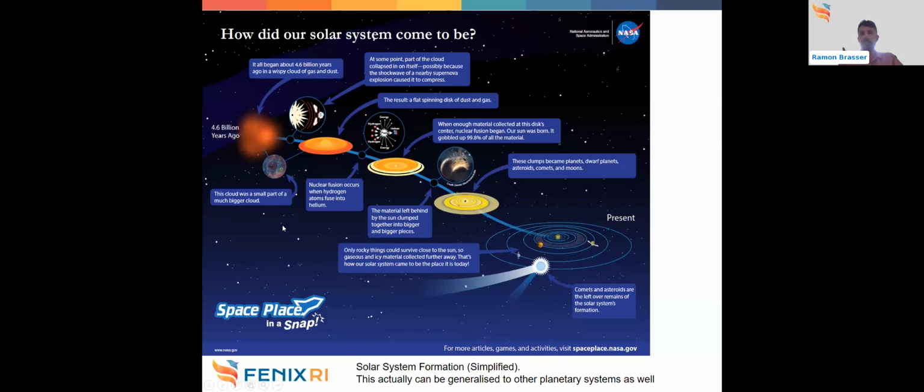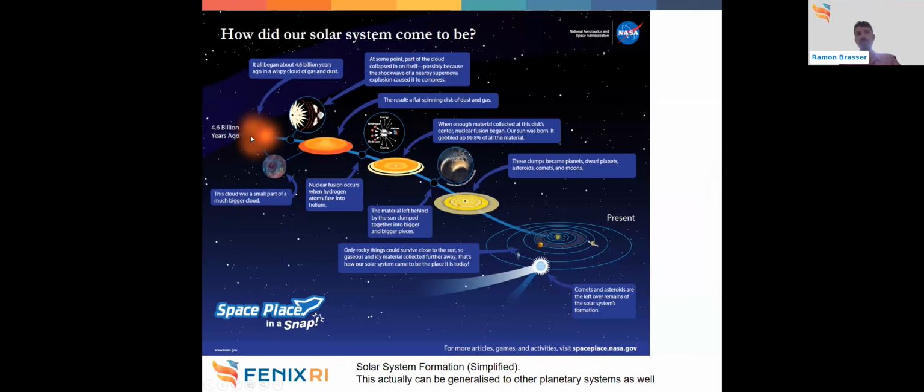Very briefly, for the non-initiated, the solar system formed about 4.6 billion years ago. We know this from radioactive decay of isotopes of uranium, thorium, and other long-lived nuclides, and then we can get absolute ages for things like meteorites.